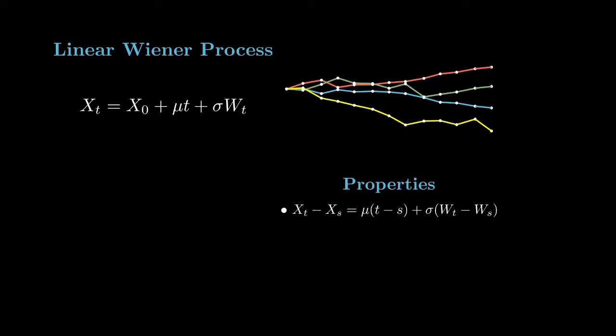Furthermore, the difference between X t and X s, when t and s represent different times, or this is the increment, is given by this one. Hence, the increment is also a normal distribution with mean mu times t minus s and variance sigma squared times t minus s.